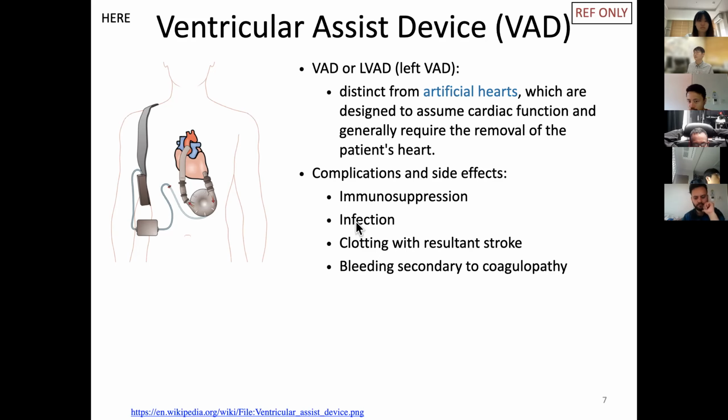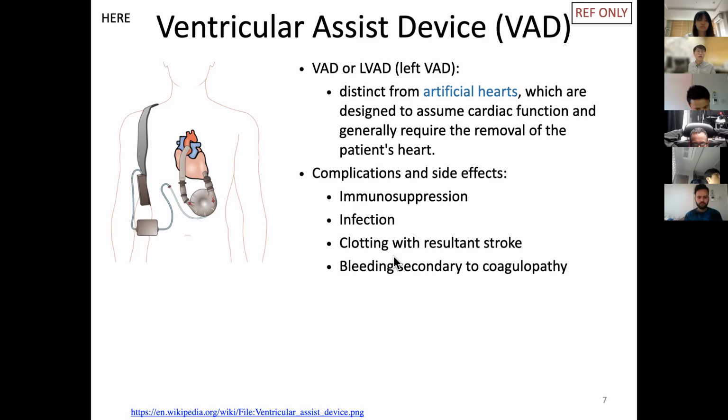And also, whenever material that is not self comes in contact with the inside of the body, especially the blood, there is a higher chance of blood clotting. And everyone knows that a clot can shed into our circulation and lead to stroke, so there is a higher risk of stroke.